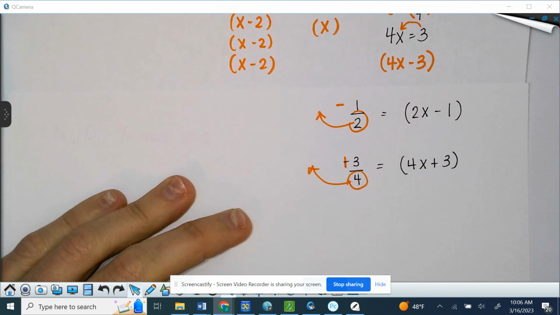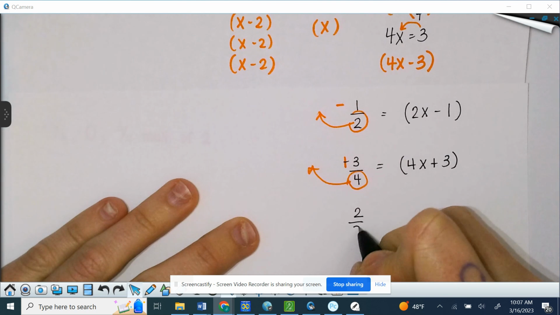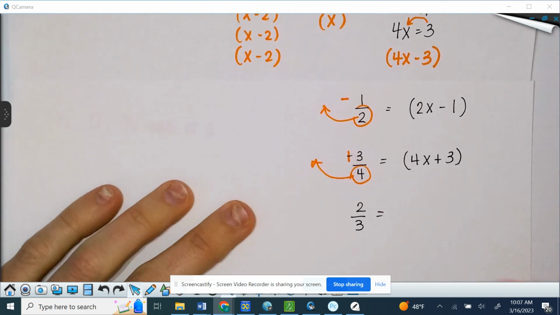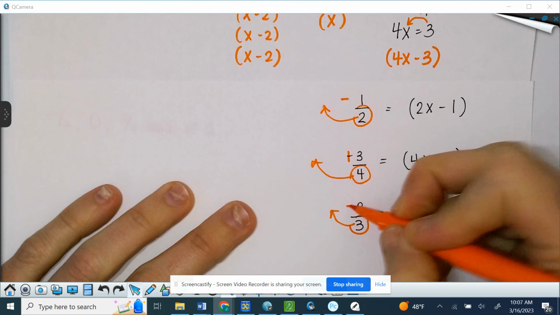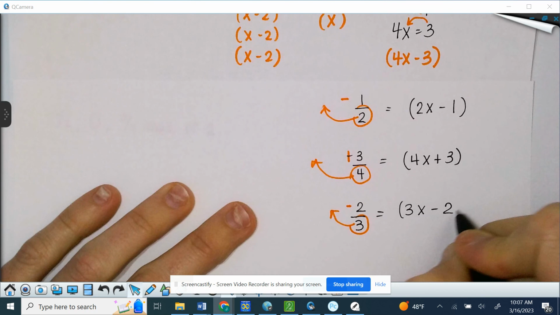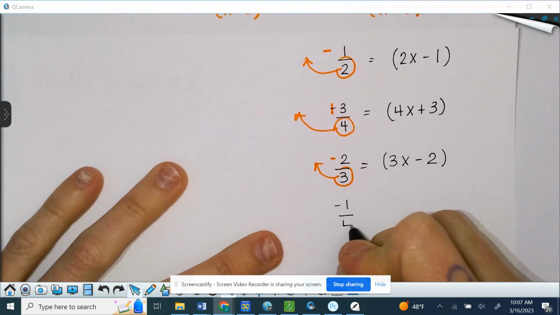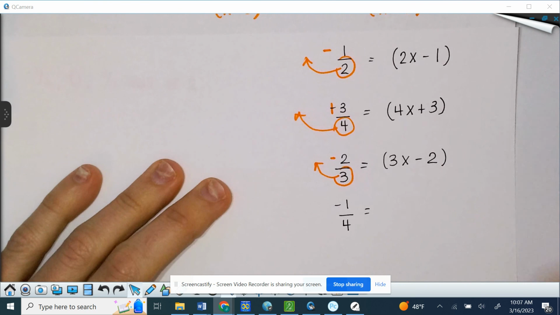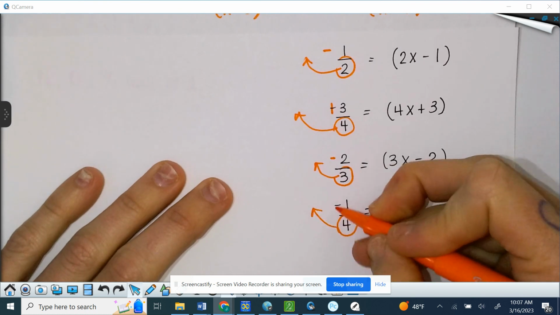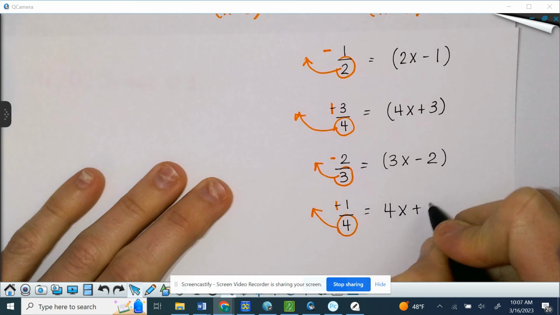So let's see if I can think of another one. Let's do 2/3. Guy on the bottom hops to the front, opposite of whatever's in the back. So that's going to be 3x minus 2. One more for good measure. Let's do a negative 1/4. Guy on the bottom jumps to the front, opposite of whatever it is before. So it's going to be 4x plus 1.